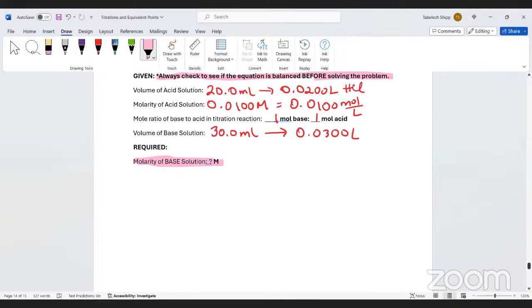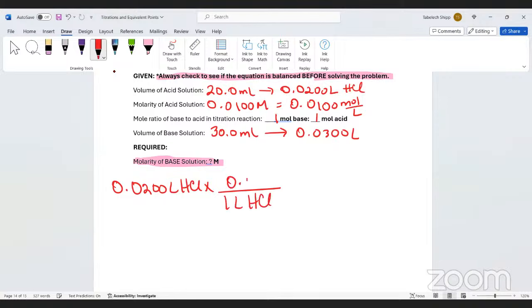All right, so let's go ahead and solve this problem, guys. What we do know is everything here that you can see. So what am I going to do? I'm going to start off first with the liters of the acid. 0.0200 liters of HCl times, and in this step right here, I'm going to go to the molarity of the acid. 1 liter of HCl is equal to 0.0100 moles of HCl.